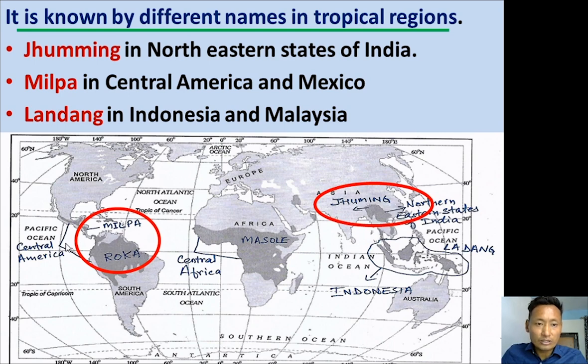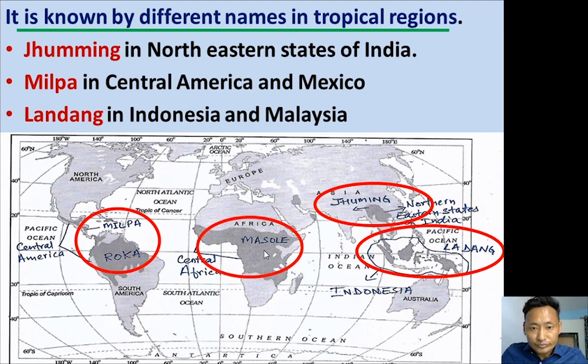In South America, it is called roca. In Indonesia and Malaysia, it is called ladang. In Central Africa, it is called masole. These are the different names for shifting agriculture, primitive subsistence agriculture, or slash and burn agriculture in different regions of the world.